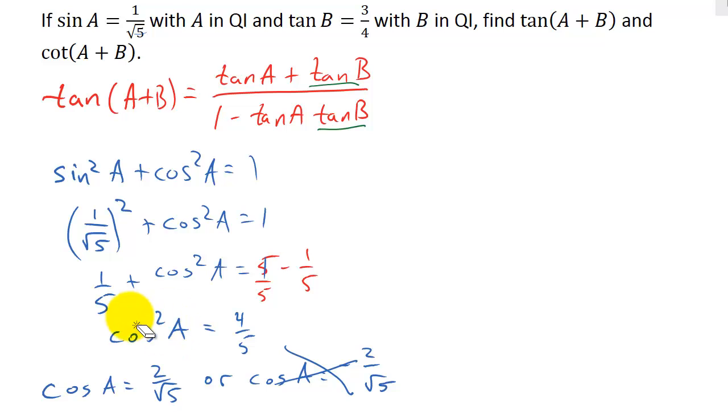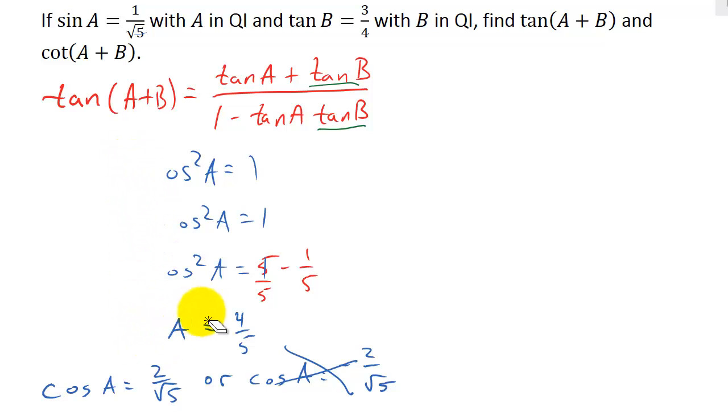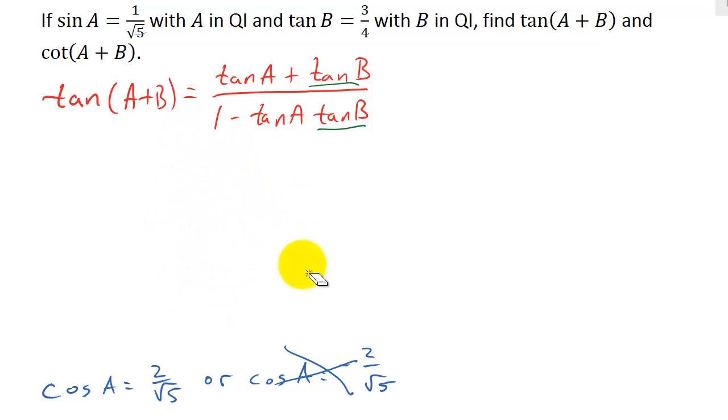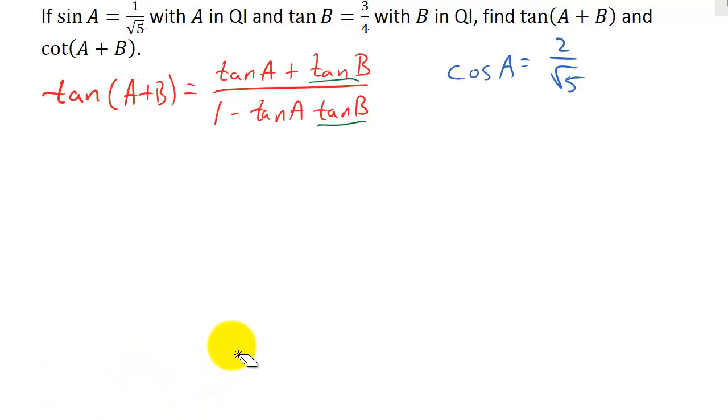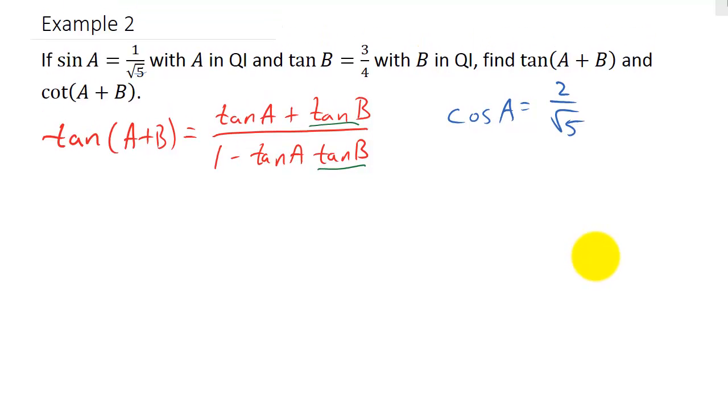So what I'm going to do is erase all this so I can have more room, and we'll just write down the value that we need. Cosine A is equal to 2 over the square root of 5.